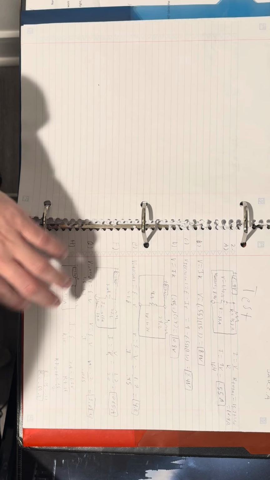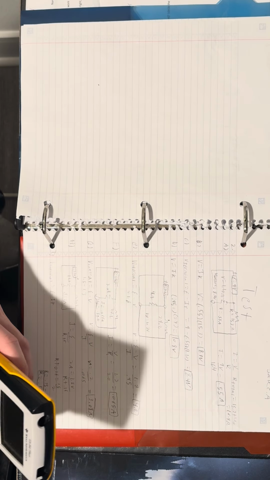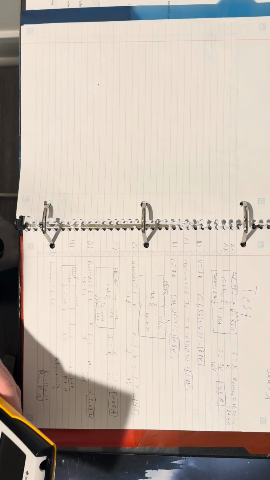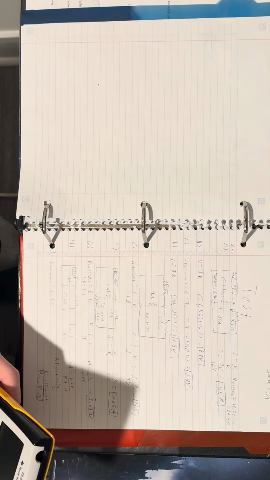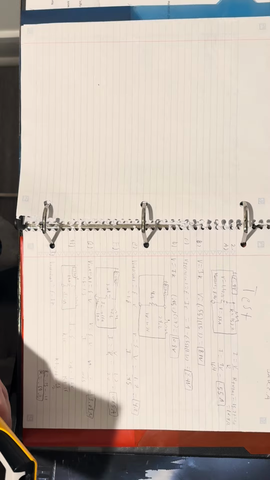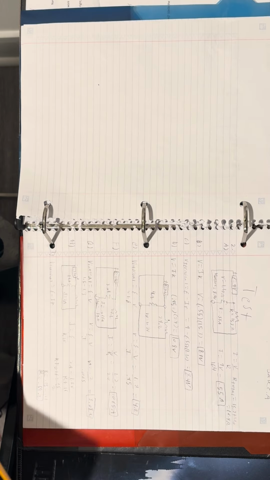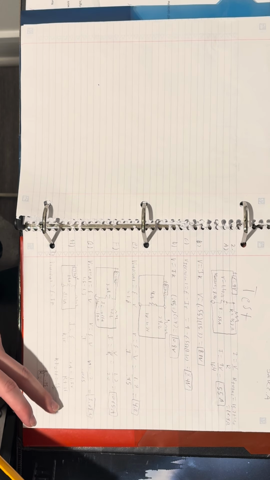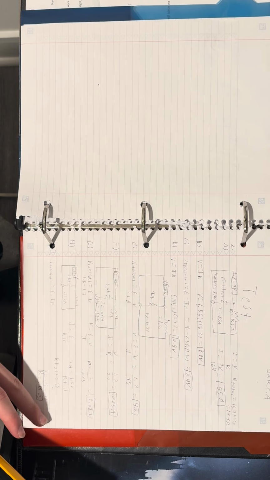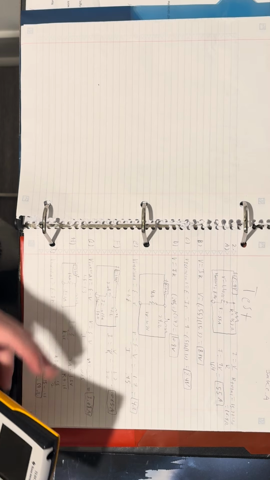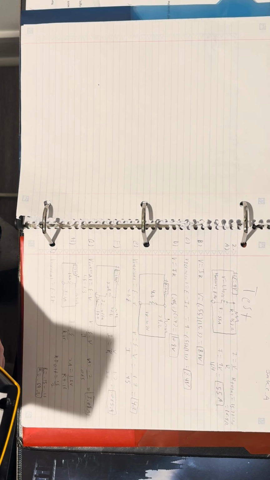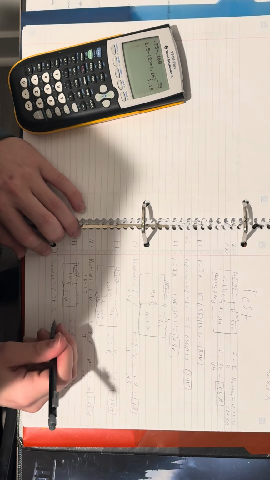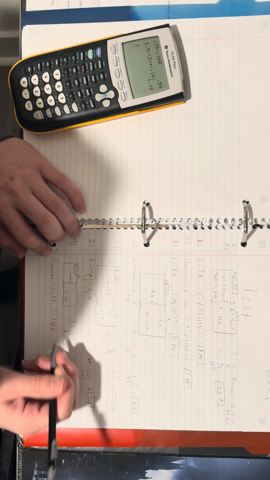So 1.5 minus 2 times 0.16, which gives us 1.18 volts.